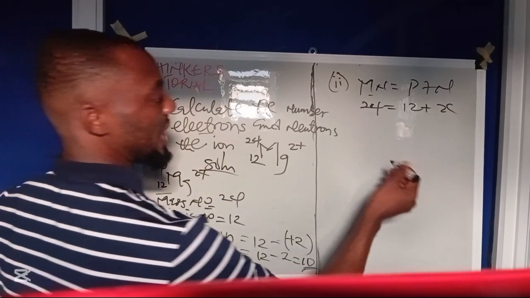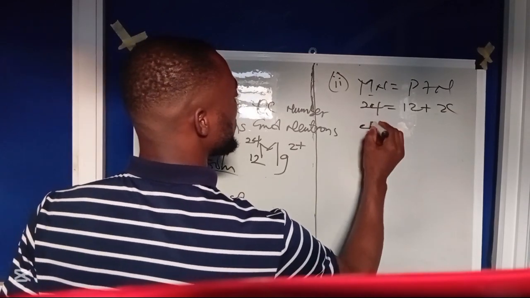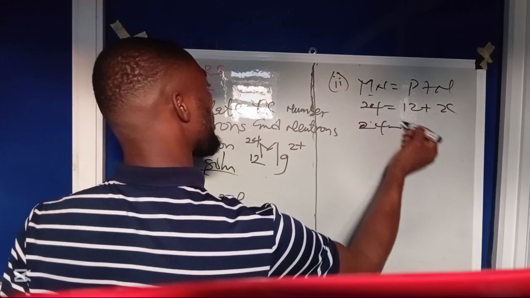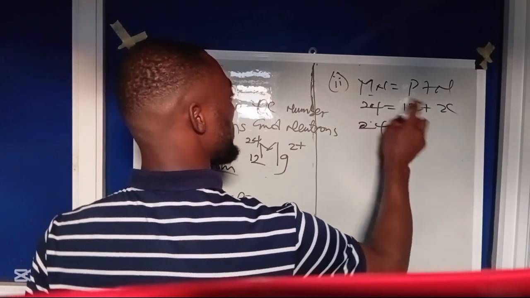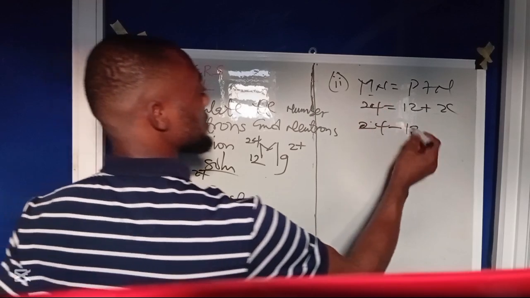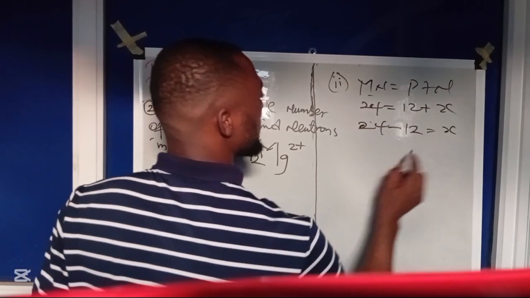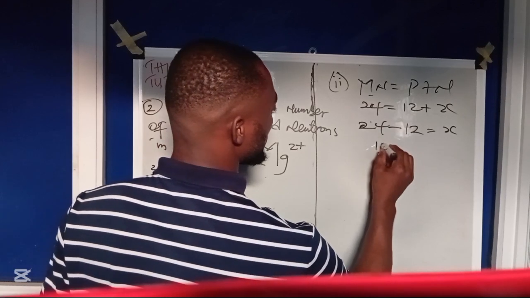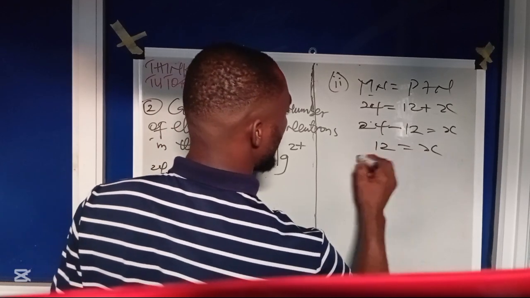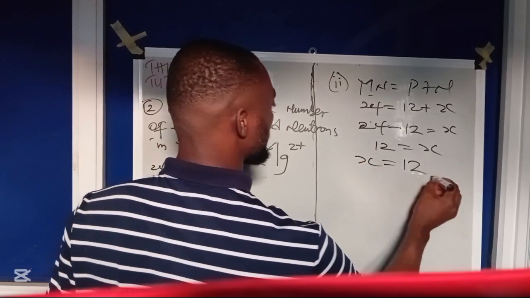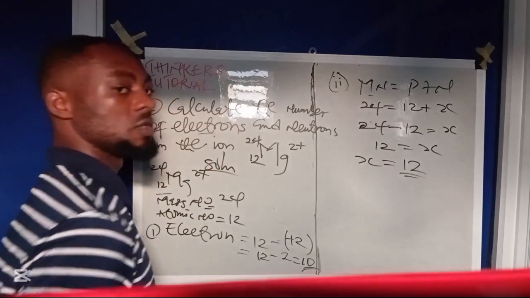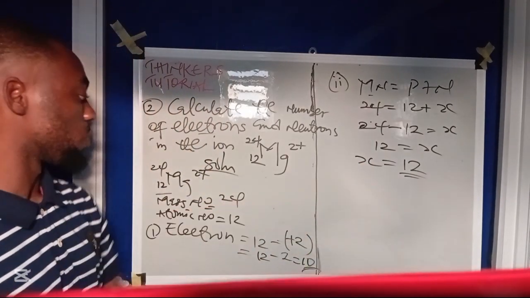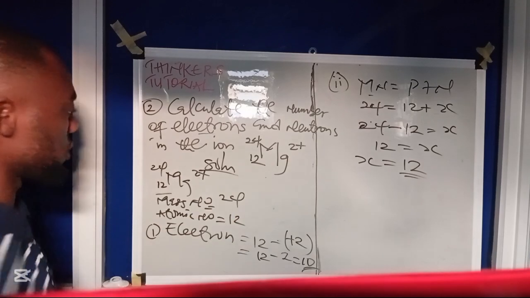So you collect like terms: it will be 24 minus 12, because 12 crosses the equality and changes to minus, is equal to X. So 24 minus 12 will give us 12, which is equal to X. So X is equal to 12. So the number of neutrons is equal to 12 for this question.